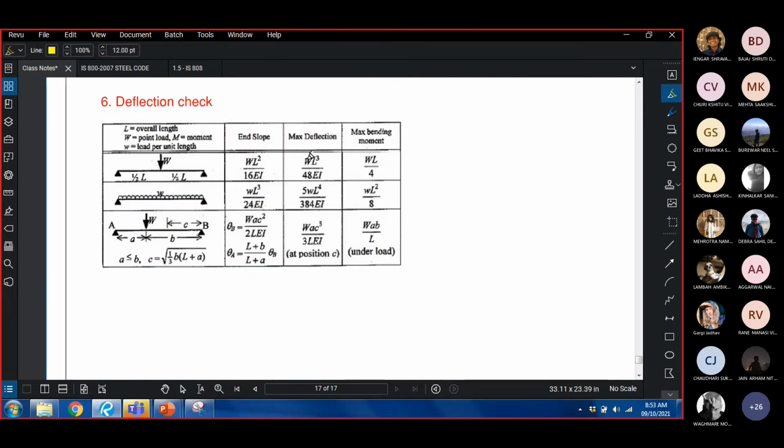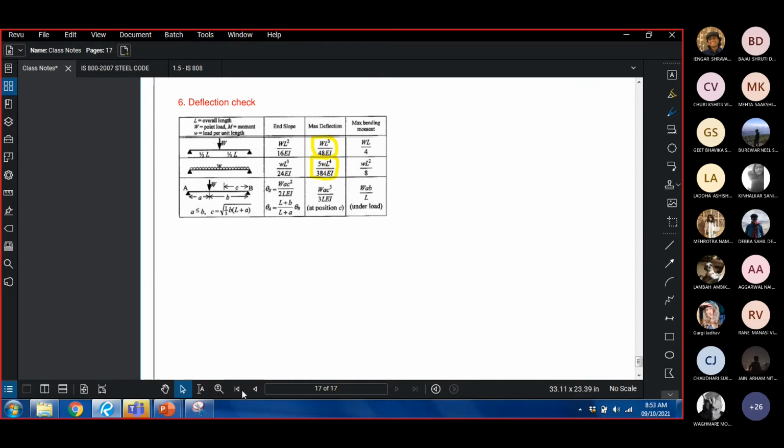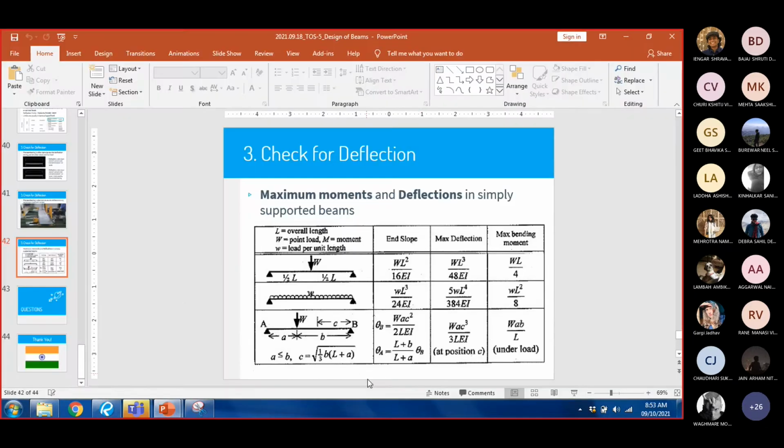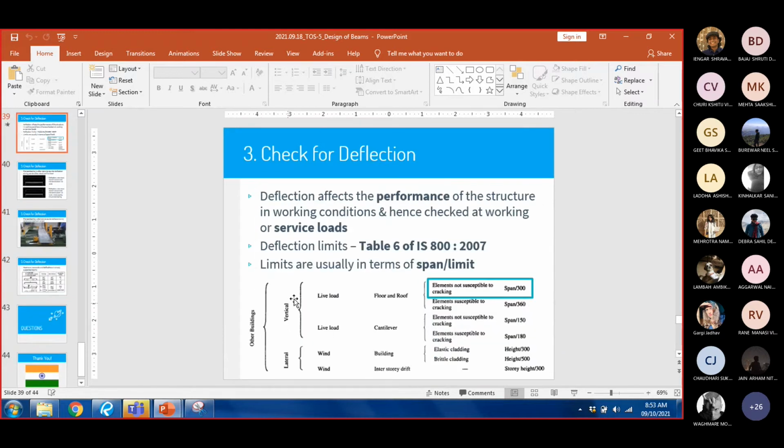So we are going to need this particular formula. Now, we saw that when we are checking deflection, we are going to look at the vertical deflection under live loads of floors and roof, and we'll assume that some non-structural elements that are susceptible to cracking, for example, partition walls or ceiling plaster, are supported on this.